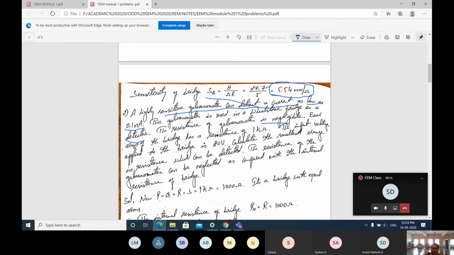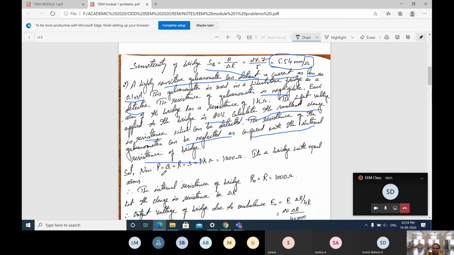Each arm of the bridge has a resistance of 1 kilo ohm. The input voltage applied to the bridge is 20 volts. Calculate the smallest change in the resistance which can be detected. The resistance of the galvanometer can be neglected as compared with the internal resistance of the bridge. This is the whole problem.